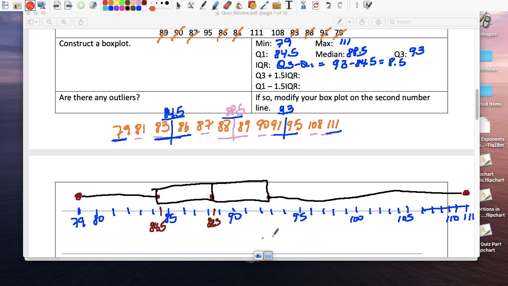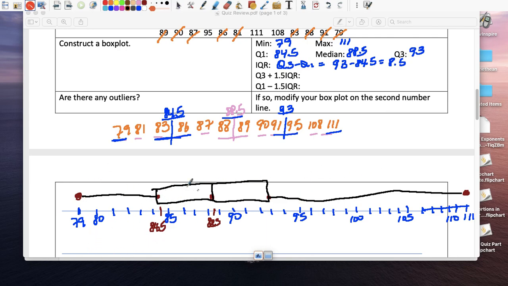And you'll notice that our data here seems to be concentrated to the left, right? So it looks like it's skewed right. I mean, think about it.